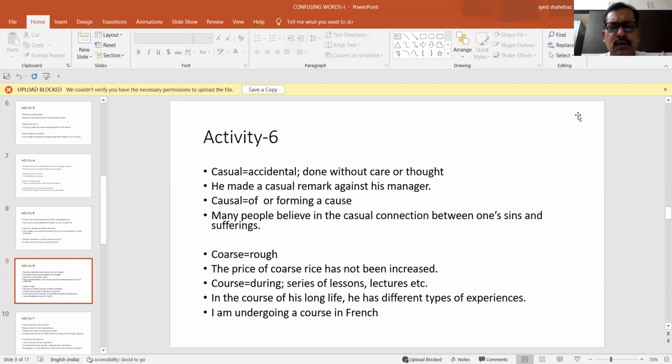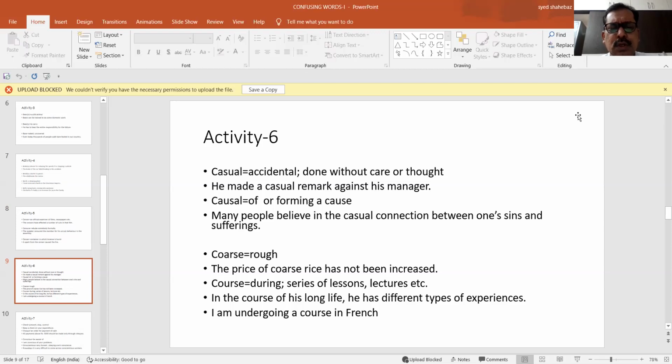Coarse means here not polished, not finished to be released to the market. It is coarse. The price of coarse rice has not been increased. Unpolished, we say unpolished.